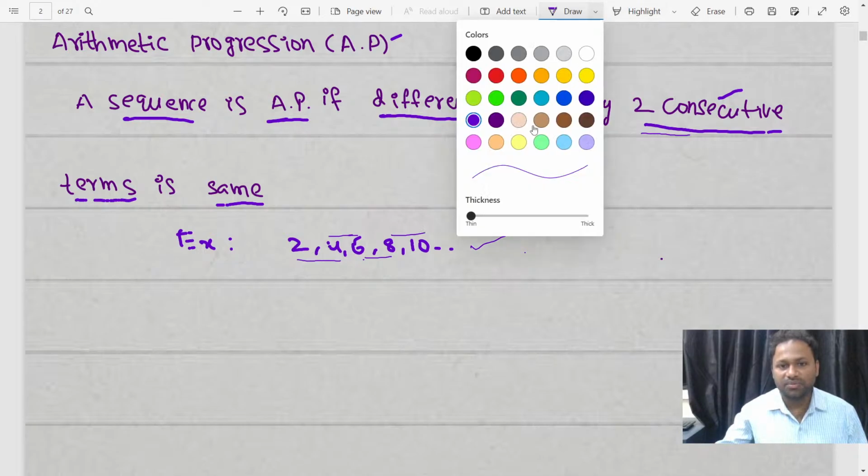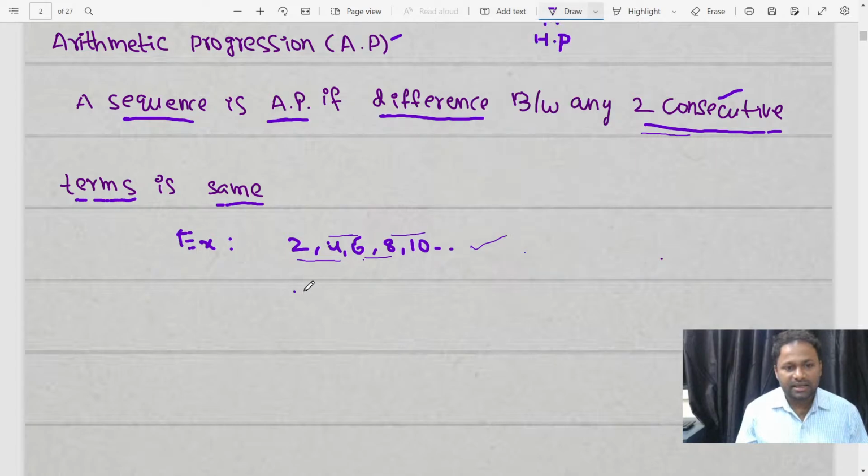For example, I will take the difference between 4 and 2. How much do you have? 2. Next, the difference between 6 and 4. How much? 2. The difference between 8 and 6. How much? 2. Here, the common difference is the same.